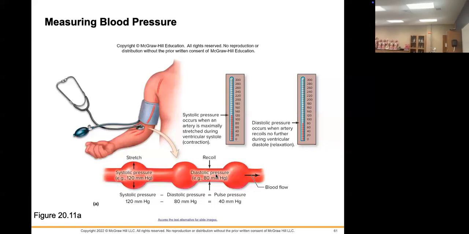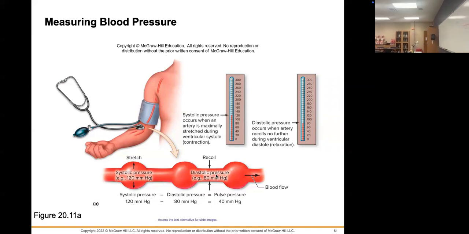But yeah, that lower number was lower because we dilated that vessel. Why? To get more blood going to those muscles. So the higher number got higher because we're hitting with more pressure and bigger volumes, but now we also dilate those vessels to make things a little easier.